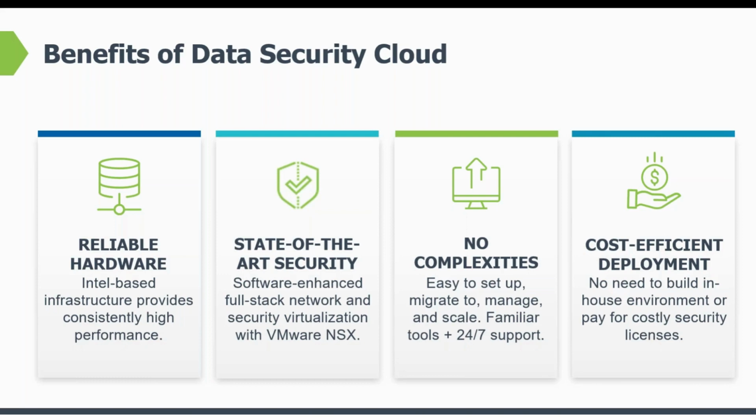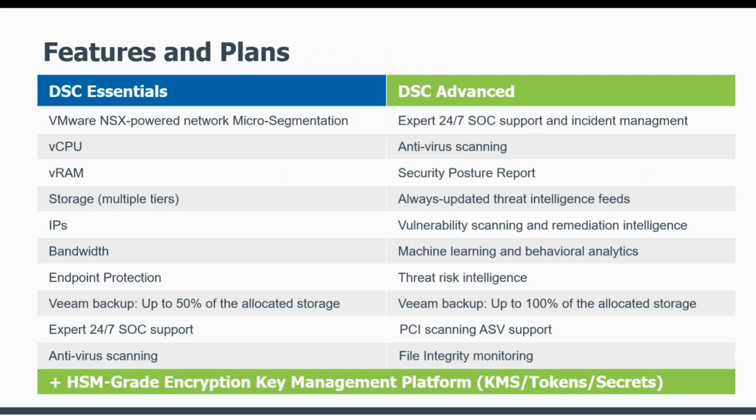So for us, the main benefit of some of the features and plans that we're including with this product, as you can see, is the VMware NSX powered network segmentation, which is available in both the DSC Essentials and the DSC Advanced plans.